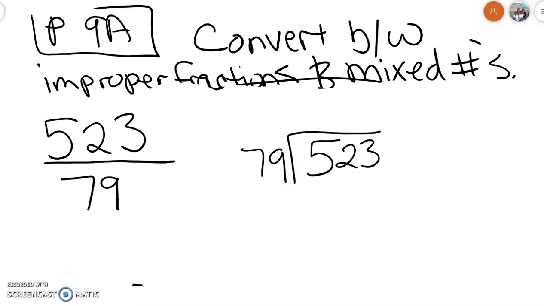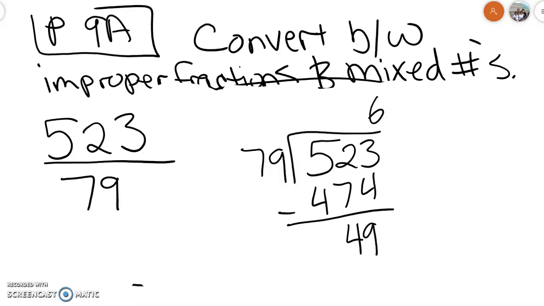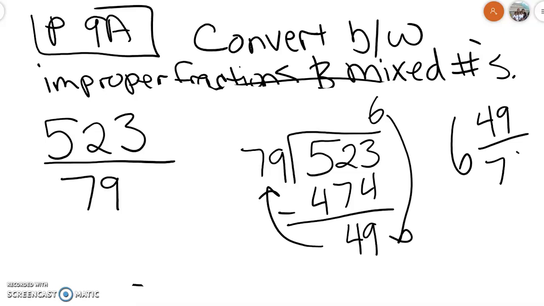And once you get into 7th grade, math problems like this, you would do with a calculator anyway. Once you do that, you would put it in and you'd see that 79 goes into 523 6 times. 6 times 79 gives you 474. Then you subtract and you get 49. 6 and 49/79.